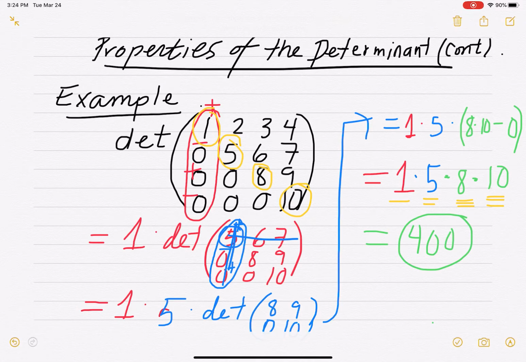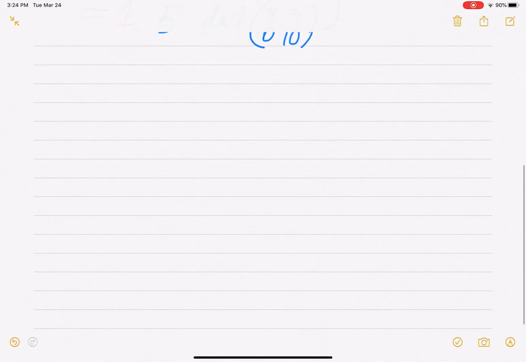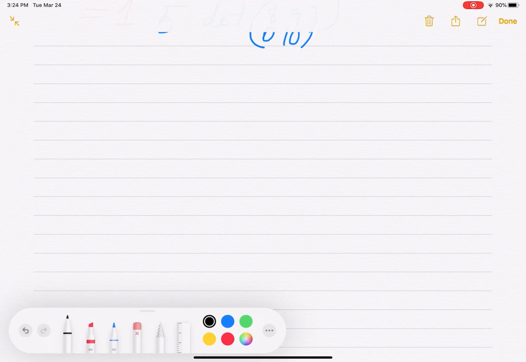So we're not going to prove that. We'll state the theorem. Here's the theorem.